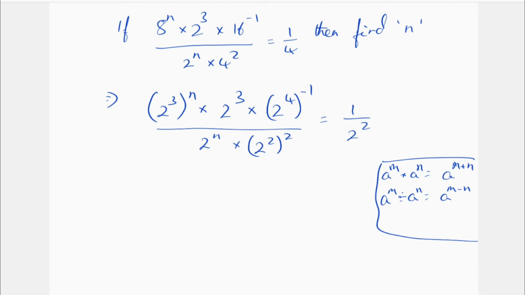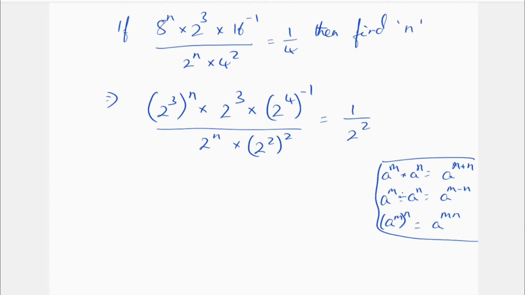So in order to use it, I have simplified it this way. There is another property: when you have a base raised to an exponential power and you are raising it further to another exponential power, taking another whole power, what you have to do is simply multiply the powers. A power m whole power n is nothing but a power mn.